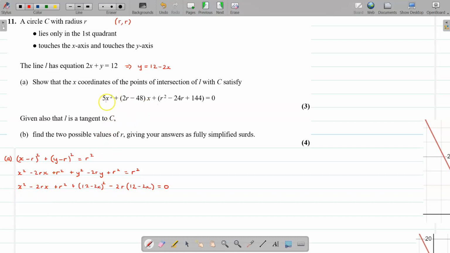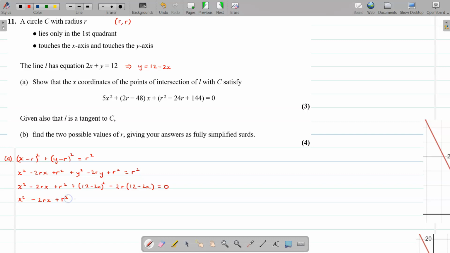And I noticed the way they've done it here, they've grouped the x squared term there, the x coefficients here, and the numbers which don't contain x here. So I'm going to try and do the same thing. So I'm going to put all my x squareds together. Okay, so perhaps another expansion of all of these brackets is needed first. So quite a bit of algebra to do here beforehand.